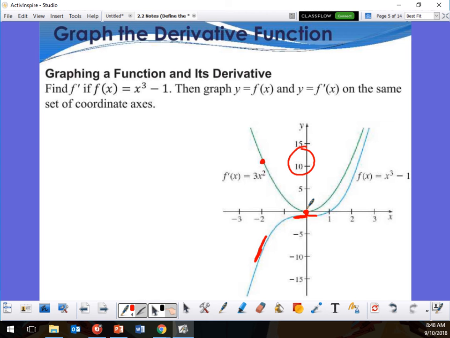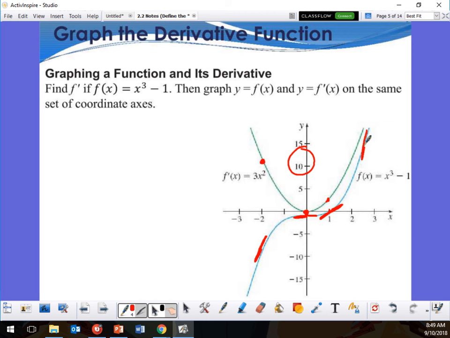At 1, what should my slope be? If you notice, at 1 it's going up, so my slope should be positive, right? It's going up.